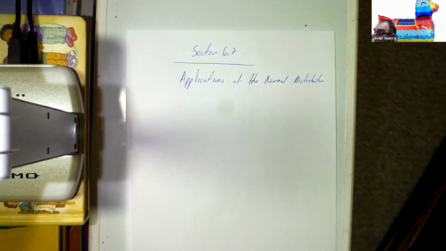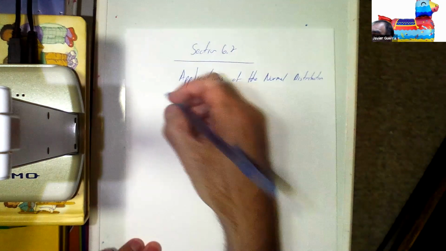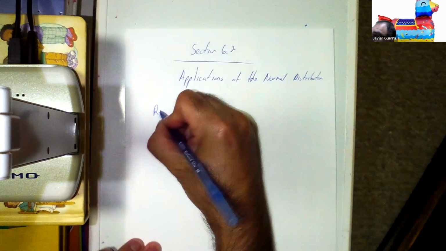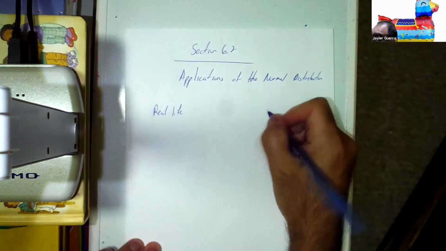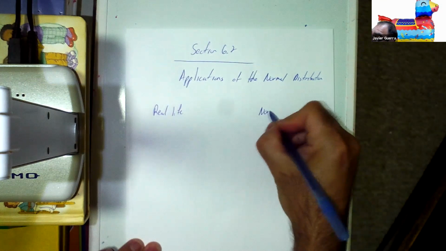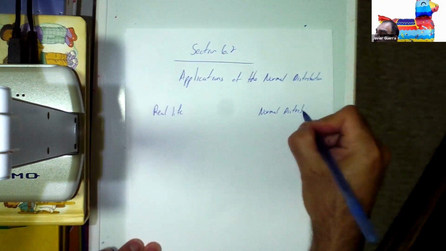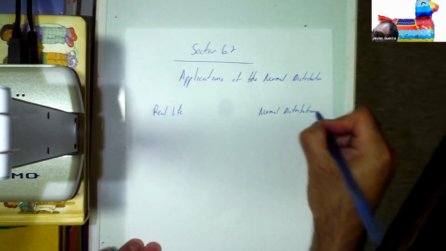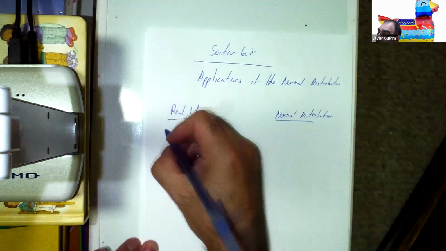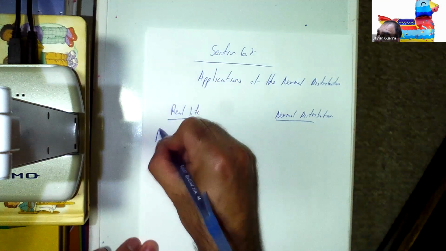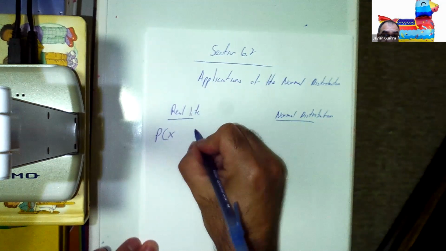So you're going to be converting from real life into the normal distribution. In real life, we're going to write probabilities as probability of X, and then we'll have an inequality, less than, greater than.